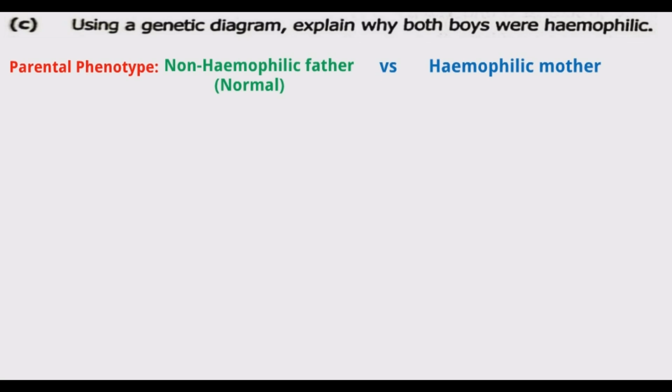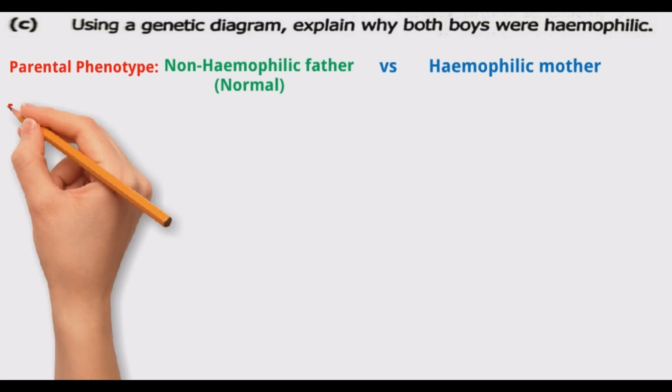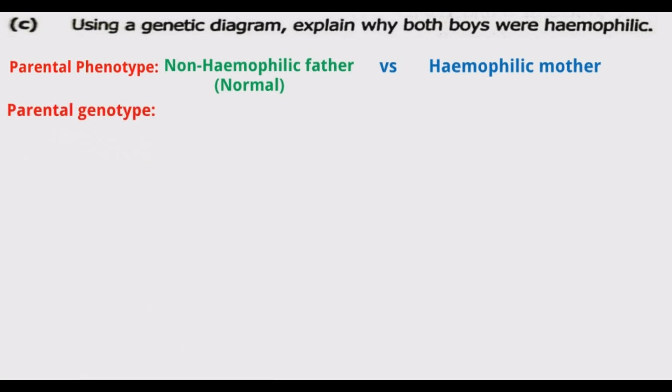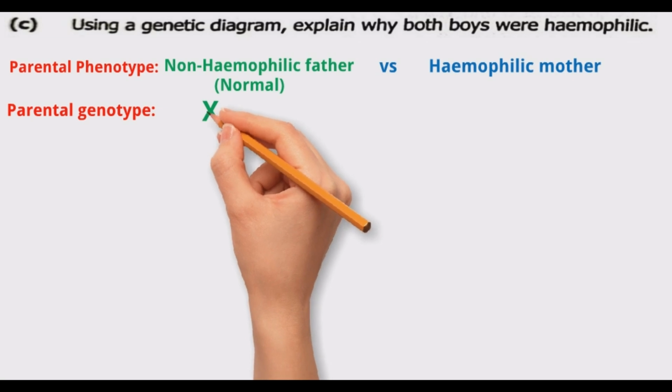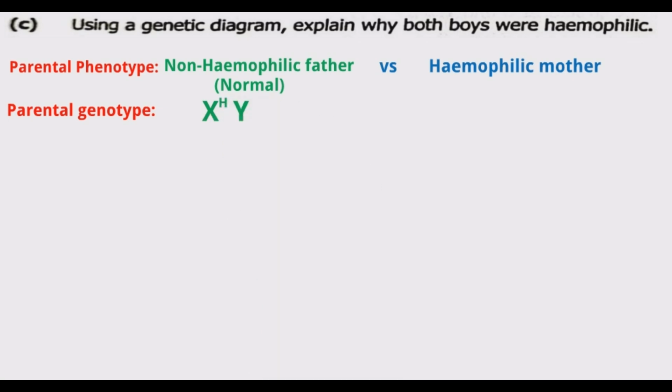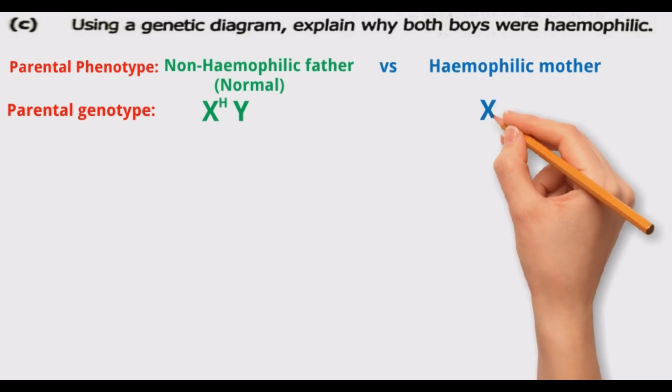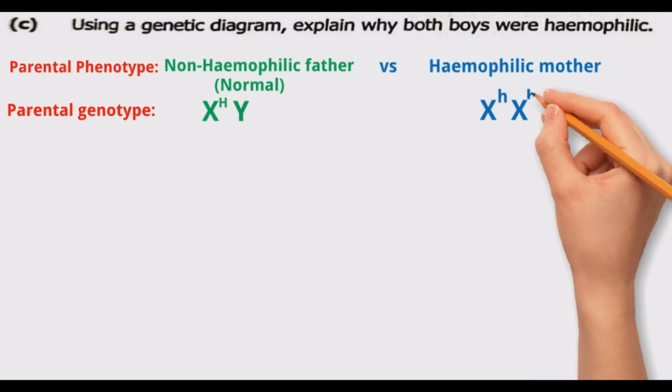Then we come to parental genotype. Parental phenotype is features that you can visibly see; parental genotype is things that you can't see, they are in genes. The parental genotype is XHY for the father, and XhXh for the mother.